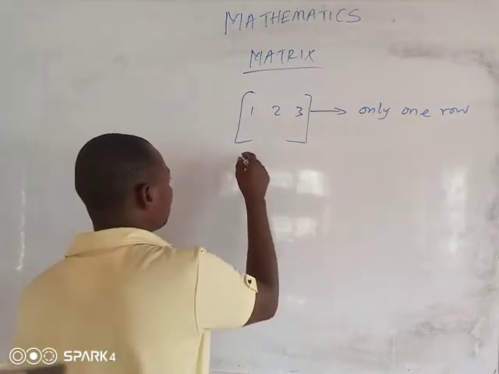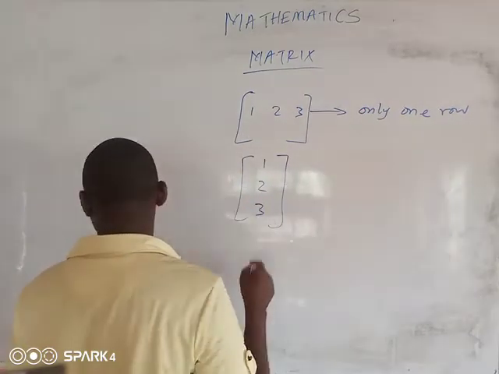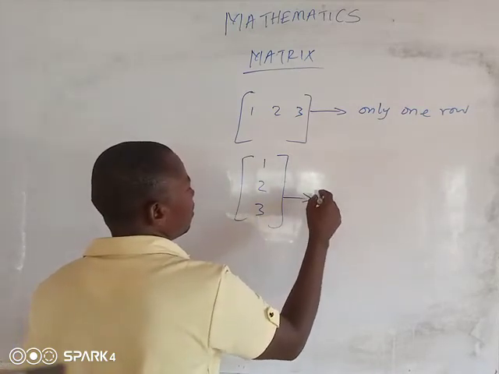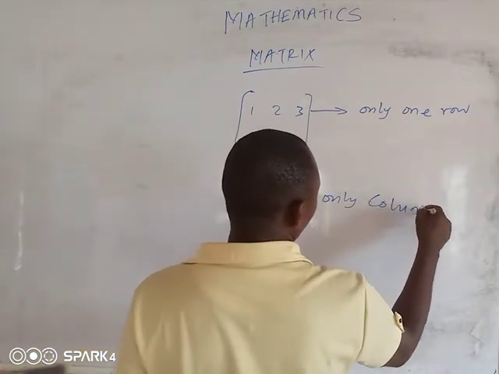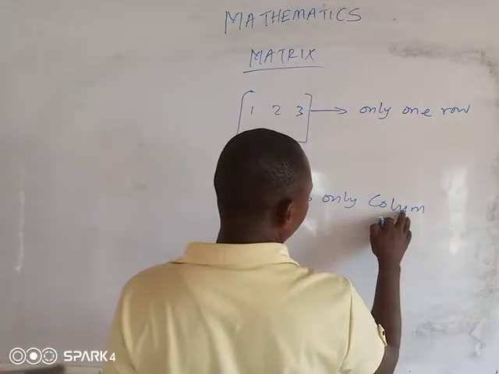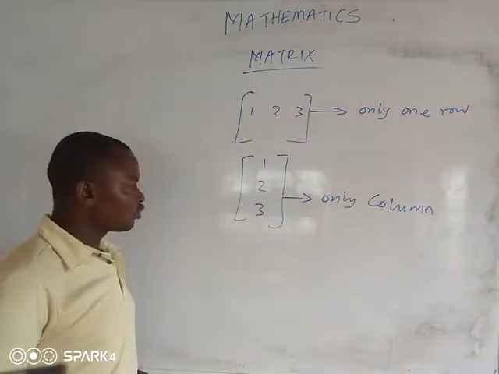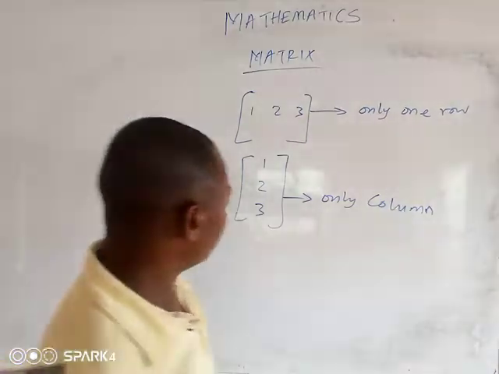You can also have a column matrix. 1, 2, 3. A column matrix has only one column. That is the column matrix. So you can see that we have only one row, and we have only one column.